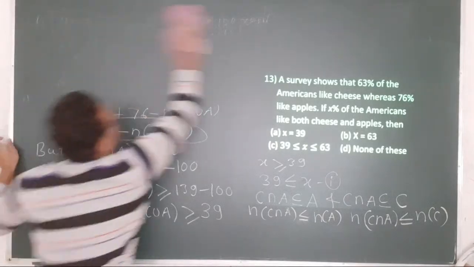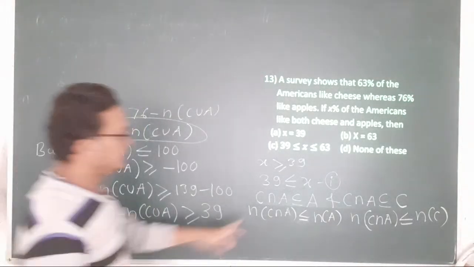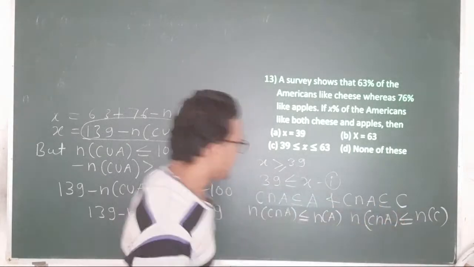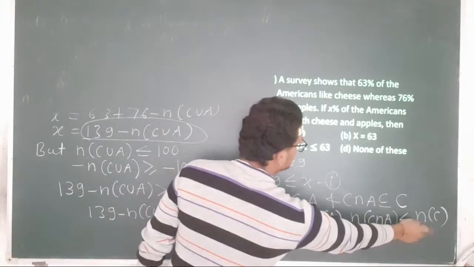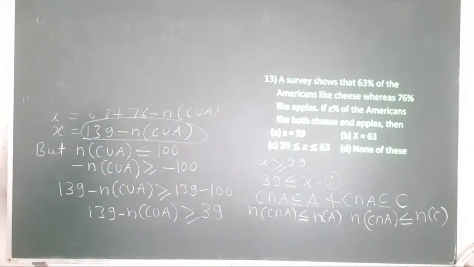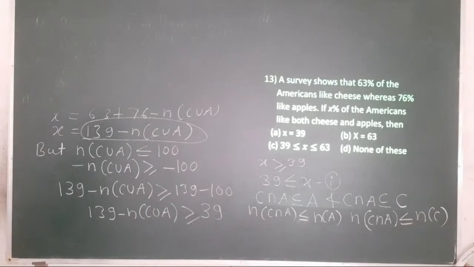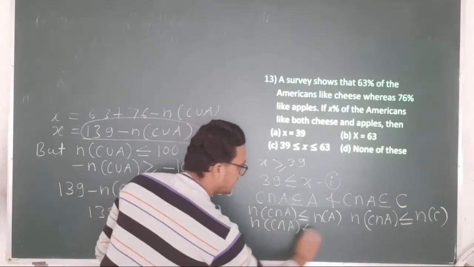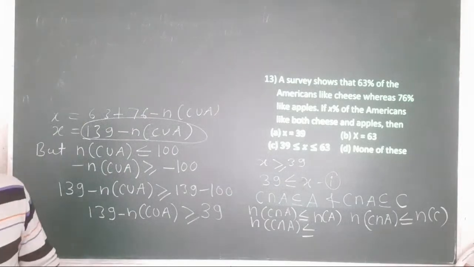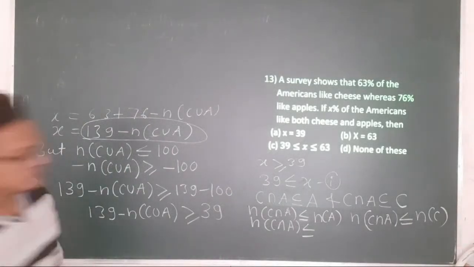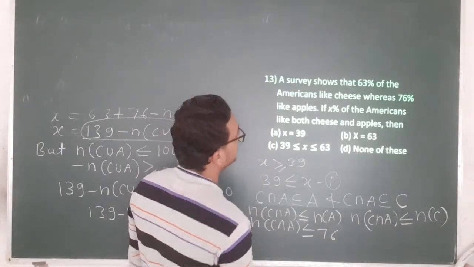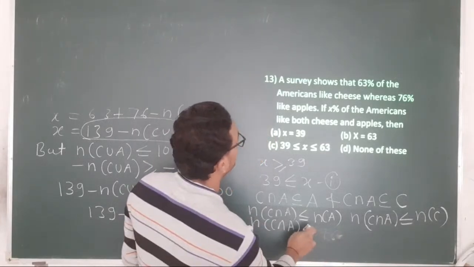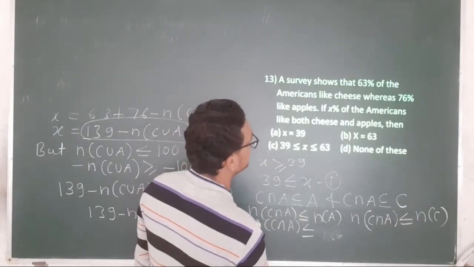Using this property, I got n of C intersection A less than or equal to n of A, and n of C intersection A less than or equal to n of C. Here you know the value of n of C. A value is 76, correct.